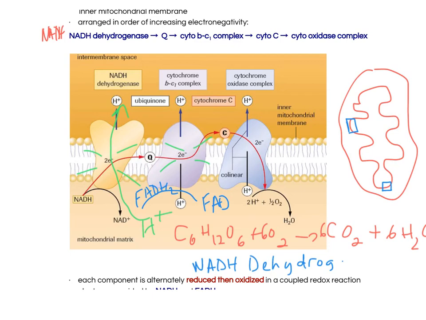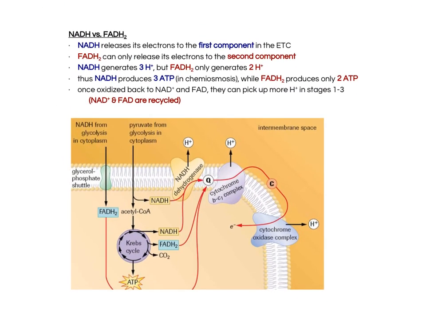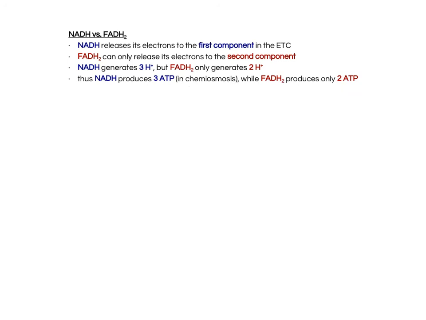Okay, I'm going to go back to the last diagram. So again, FADH2 can only start its journey in the electron transport chain at that second component, our cytochrome B-C1 complex. So that has some consequences. NADH is going to be able to generate 3 protons, but FADH2 is going to be able to generate 2 as a result.